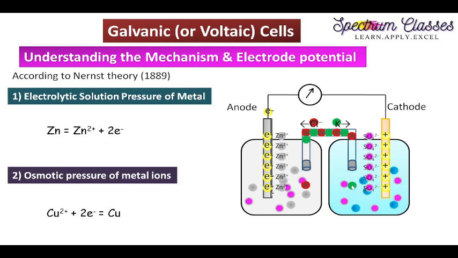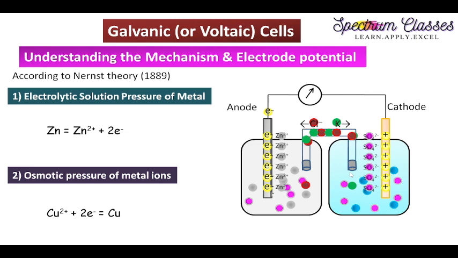They move towards the compartment of these copper ions where sulfate ions are in high concentration, and the Cl negatively charged ions, which are represented by these red circles, move into the left compartment, the section where zinc ions are high in concentration, to maintain the electrical neutrality so that the reaction further proceeds. So this is how this anode becomes the negative terminal and this cathode becomes the positive terminal in case of a galvanic cell.